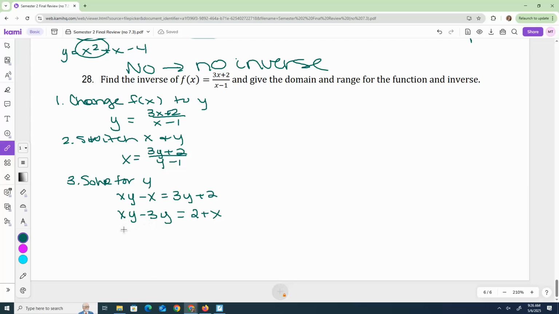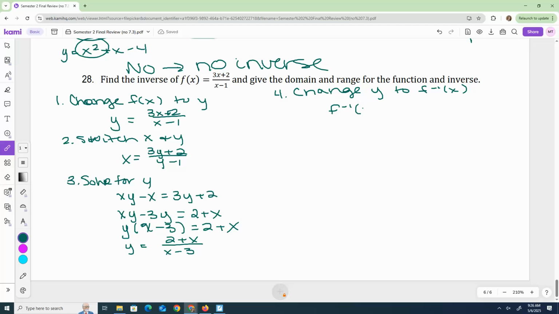What can we do? We're trying to get y by itself, so if we take out the y. So y is 2 plus x over x minus 3. The last thing we did was change it back into function notation. So we changed the y to f inverse of x. That's just notation to show that we found the inverse.